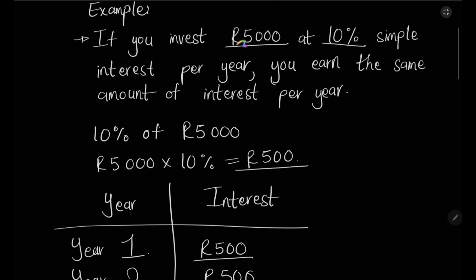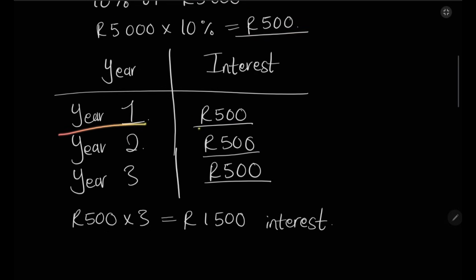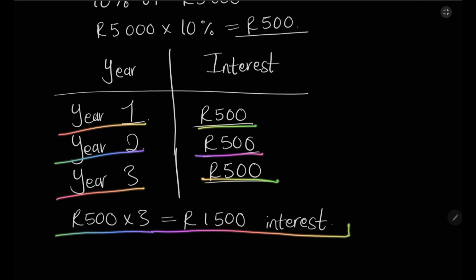Remember, we invested 5,000 Rand at 10% simple interest per year. So it's 10% of 5,000 Rand, which is 500 Rand. So in year 1, you have 500 Rand, year 2, 500 Rand, year 3, 500 Rand. You then said 500 times 3, which is 1,500 interest. This is your interest.